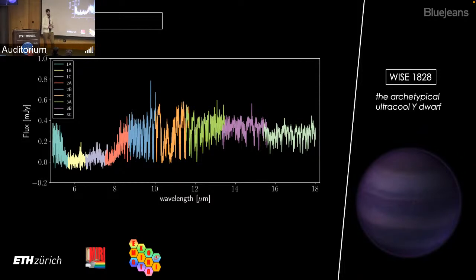We should go after more cool brown dwarfs and also cool exoplanets, so that we can draw connections to these beautiful spectra. I want to thank my colleagues and everyone that worked on this mission, and I'm very excited to learn much more about science as we proceed into more science operations. Thank you.